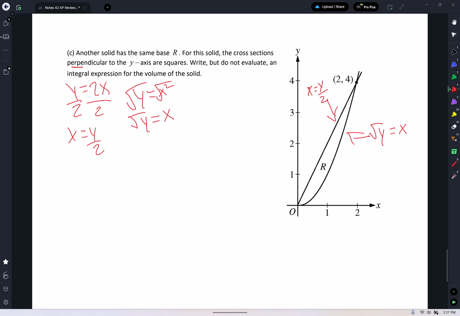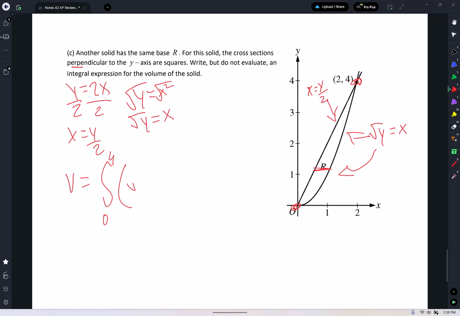So when we're finding the volume, we're going to do our integrand, and we're evaluating it from 0, because the intersection is right here, to 4, since we're doing it in terms of y. So 0 to 4. It's different than when we're looking at x. We're looking at the rightmost as the larger one. So that's going to be square root of y.